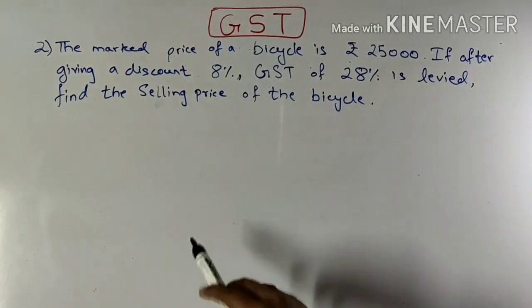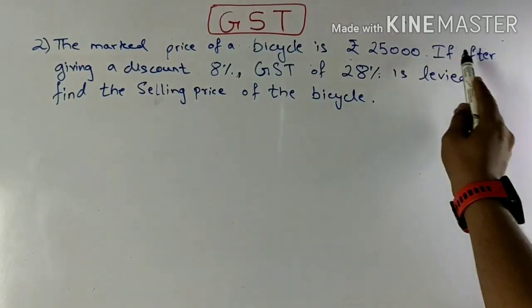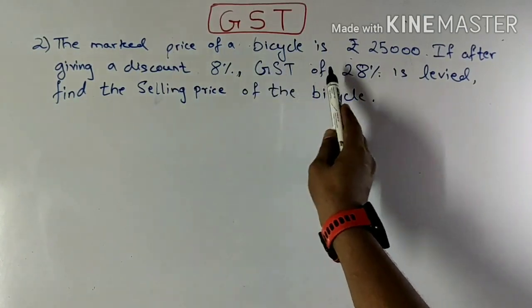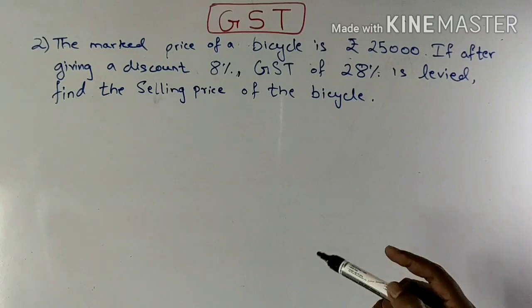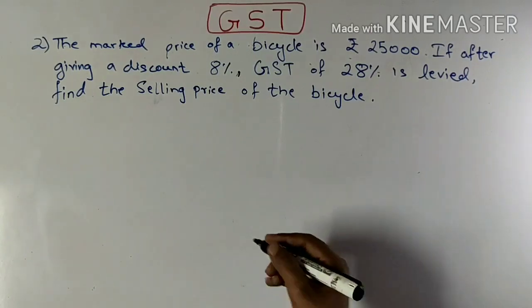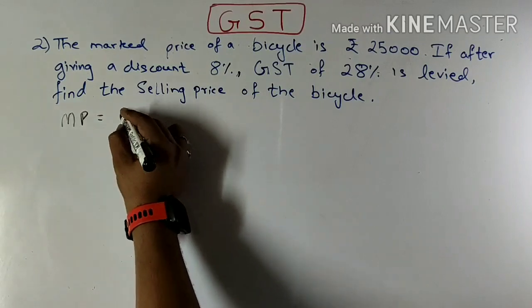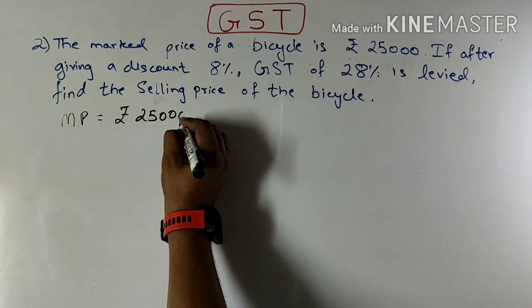Our next question is, the marked price of a bicycle is rupees 25,000. If after giving a discount of 8%, GST of 28% is levied, find the selling price of the bicycle. So the marked price, I can write it as rupees 25,000.